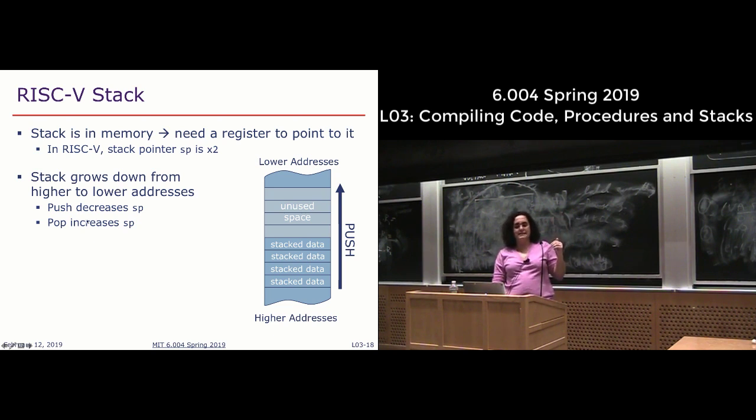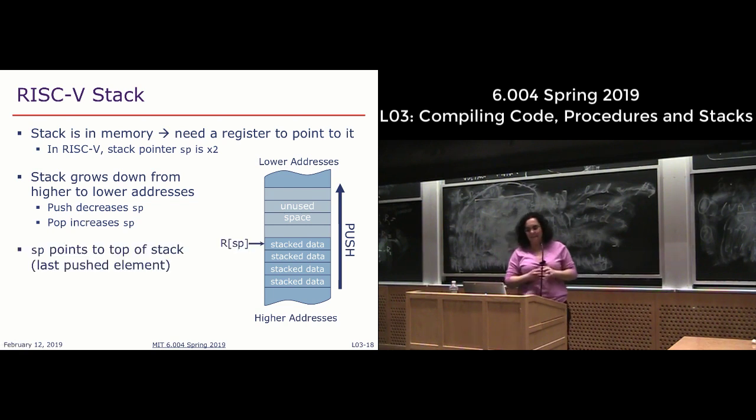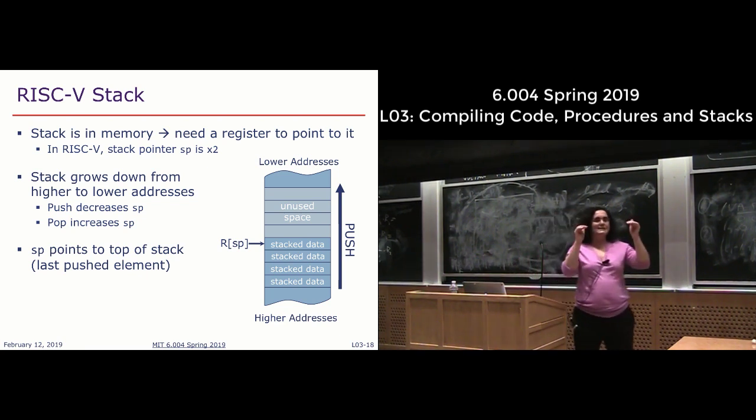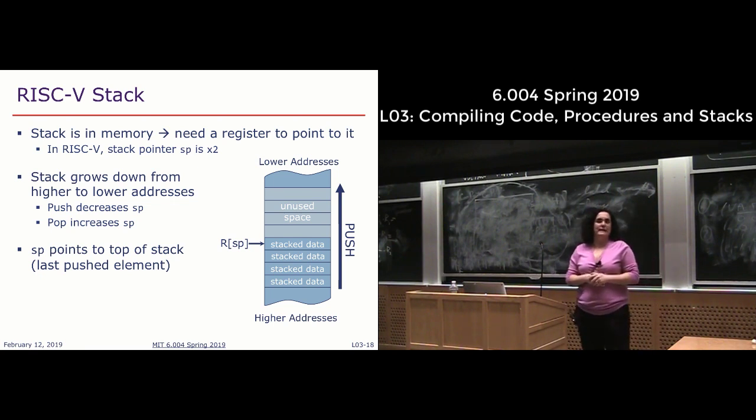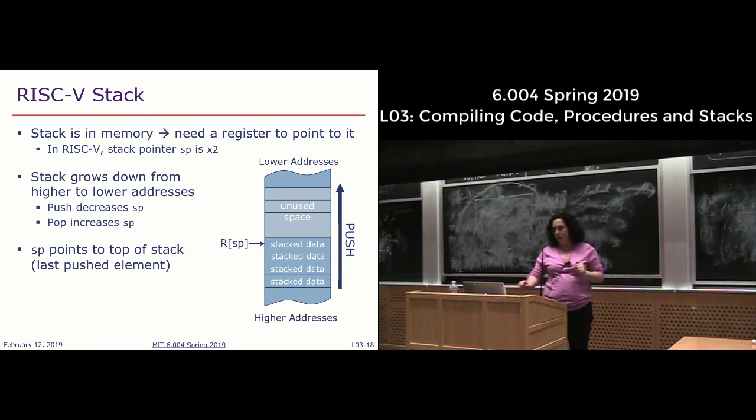A pop from the stack increases the stack pointer. Sorry about that. And then the stack pointer itself is always going to point to the last filled location on the stack. Okay, so the stack pointer in RISC-V is always pointing to a valid location.